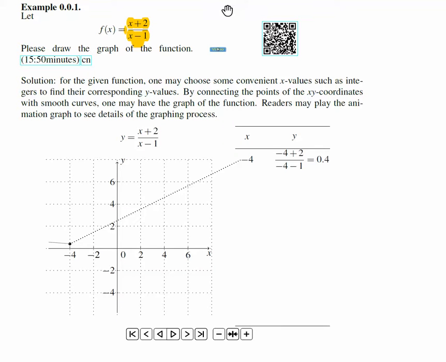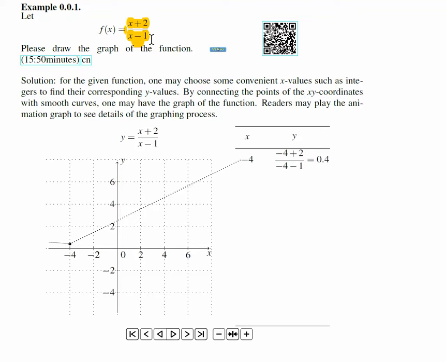In this video clip, we'll see how we are going to draw this rational function. This rational function is (x + 2) over (x - 1).